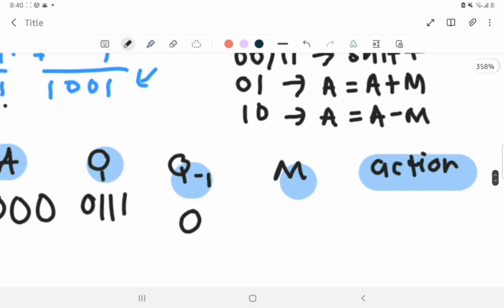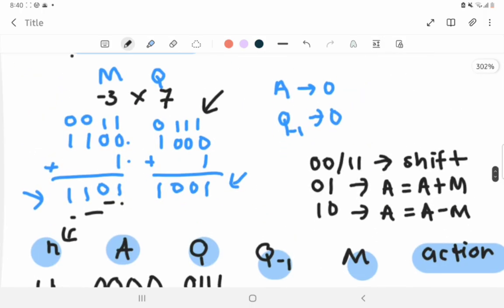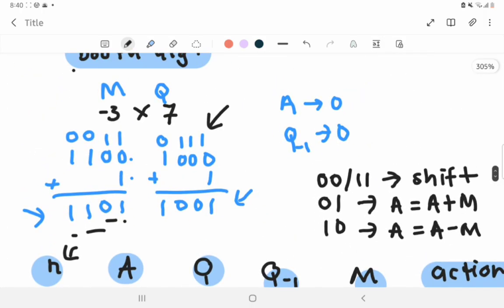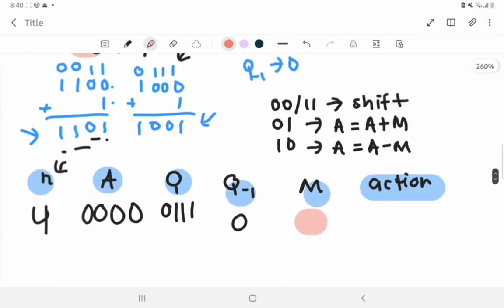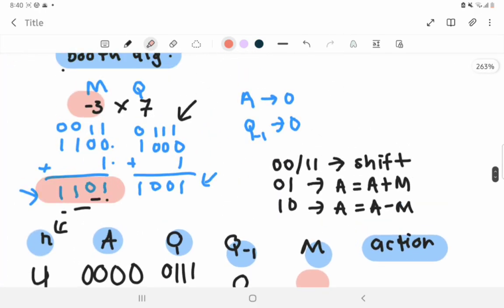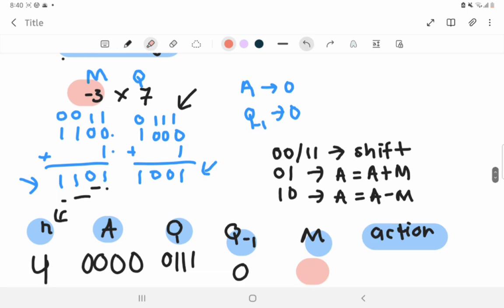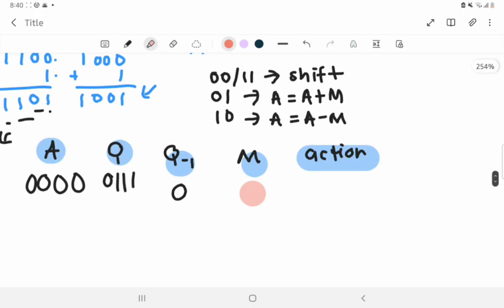And M: if M is negative, you write here the 2's complement of M. But if M is positive, you take the original one, 0, 0, 1, 1, and put it here.